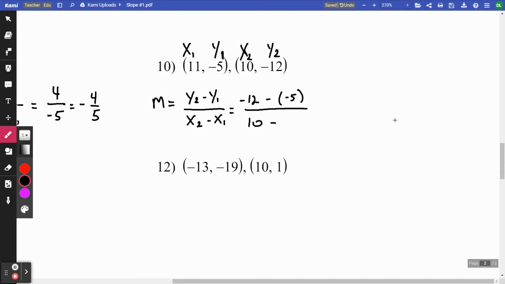Sorry, that's an x that was throwing me off. So that is negative 12 plus 5, two negatives make a positive, over 10 plus a negative 11. And so that will be negative 7 over negative 1, which is just 7.